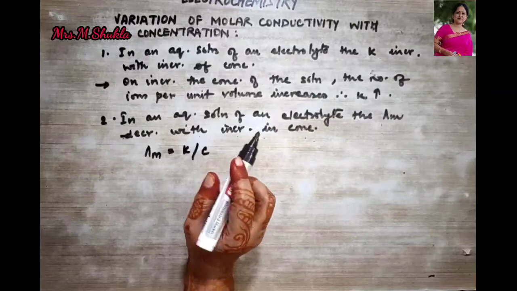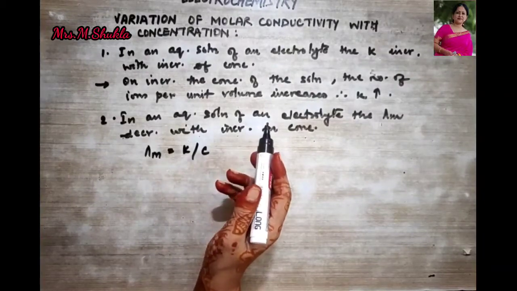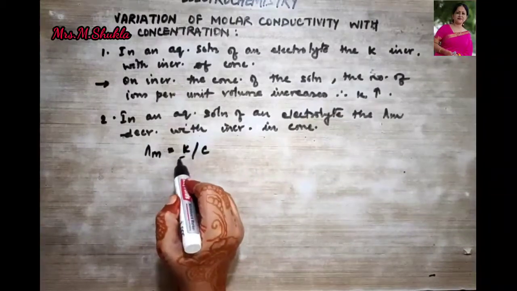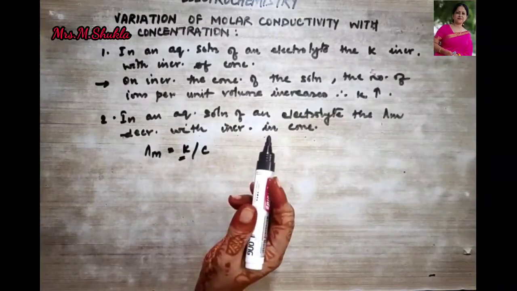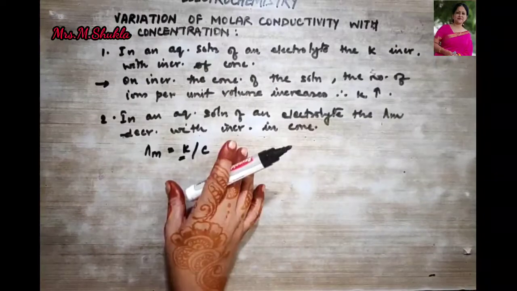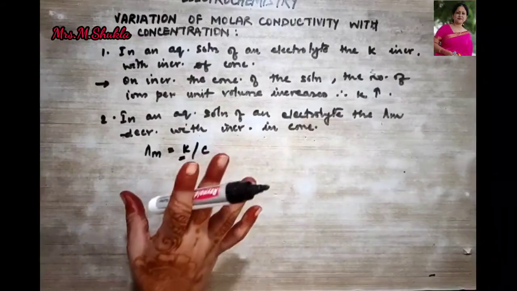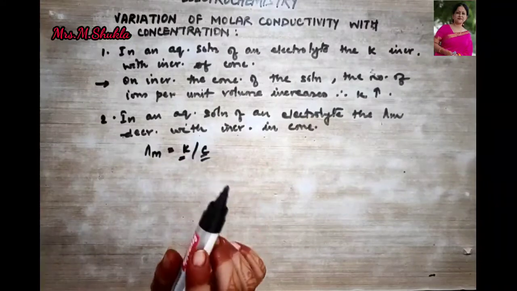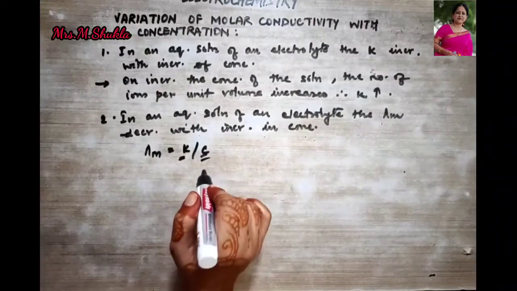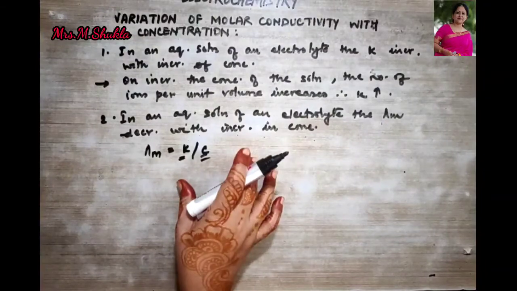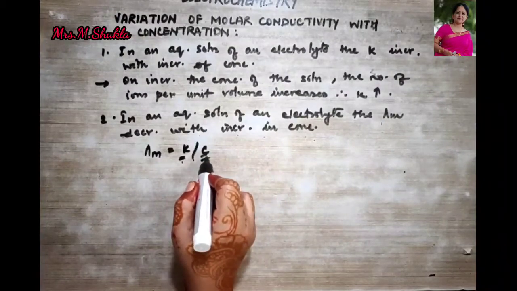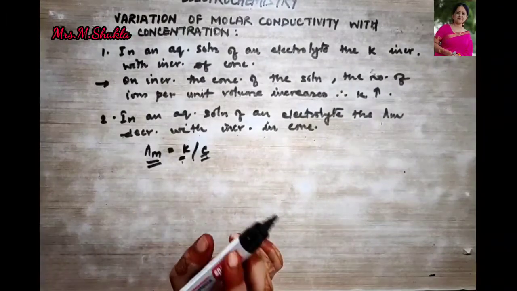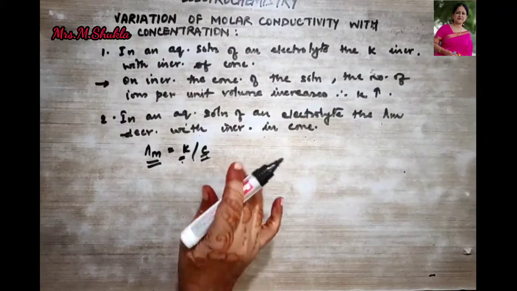Clear? Now on increasing the concentration of the solution, though the value of your specific conductivity increases, the increase is small in proportion to the increase in the moles of the electrolyte. Therefore this ratio K by C decreases, and hence your molar conductivity also decreases.